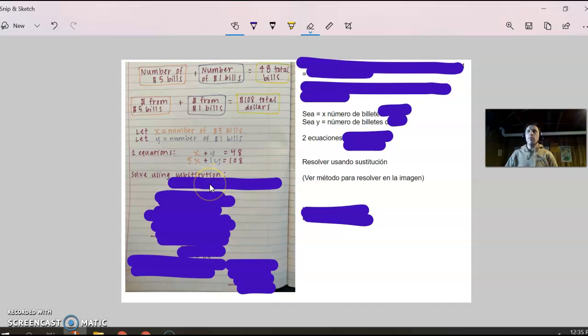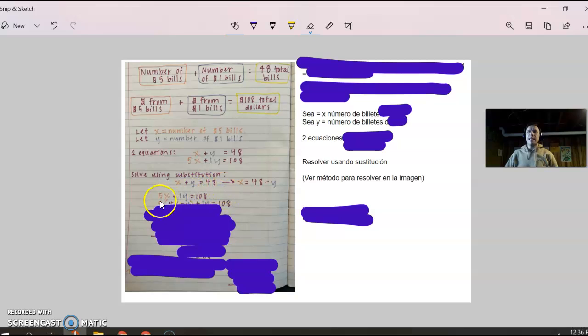Now, to solve using substitution, let's take that top equation, X plus Y equals 48, and we're going to turn it into X equals 48 minus Y. How do we do that? Well, we subtract Y from both sides, and we end up with a value for X. And so look at what we can do here.